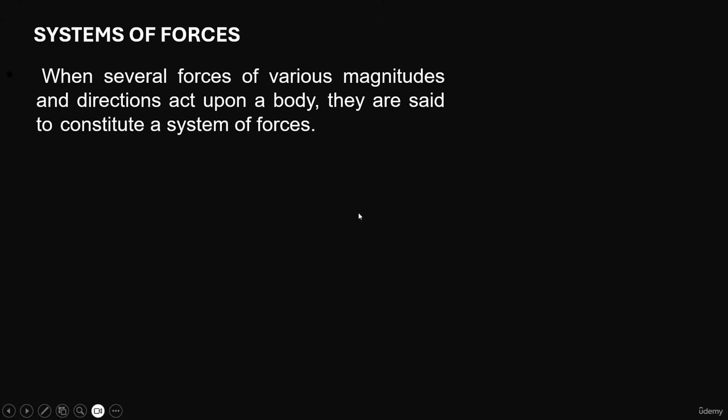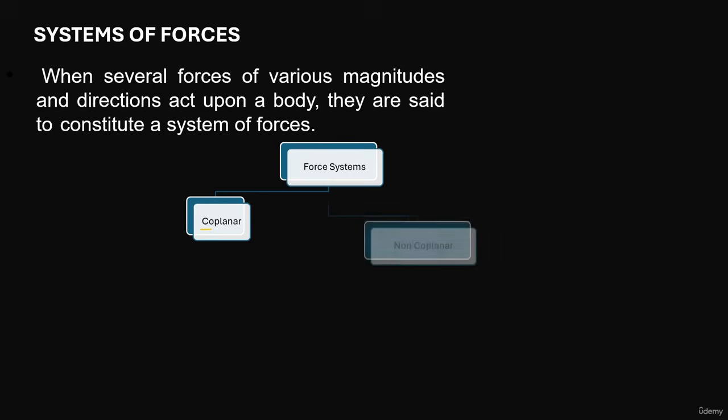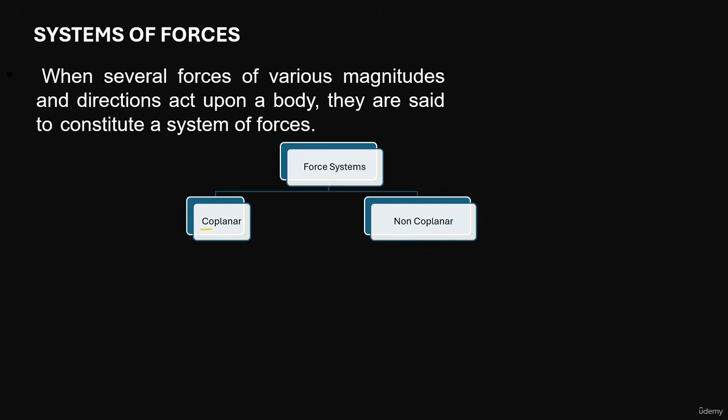So when several forces of various magnitude and direction act on a body, they are said to constitute a system of forces. Here in the system of forces, we have coplanar and non-coplanar. In the word coplanar itself, you can understand the forces are lying in the same plane. If it is non-coplanar, then the forces are lying in different planes.